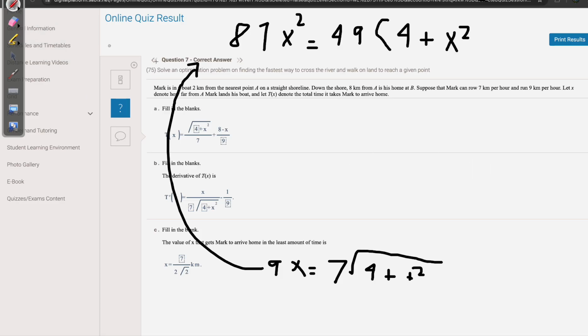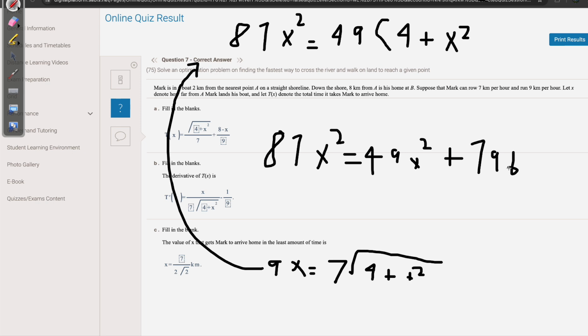Okay, so 81x squared is equal to 49x squared plus 196. We're gonna take the 49 to the other side, so 81 minus 49, so 32x squared is equal to 196.